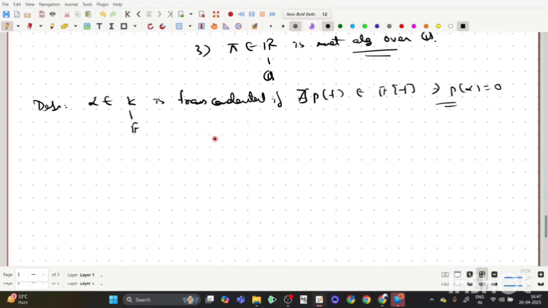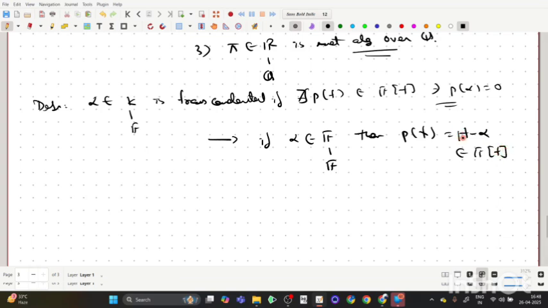Now, this is again a very trivial observation. If alpha is in F and I consider F as an extension of itself, because we know that every set is a subset of itself, so every field is a subfield of itself as well, trivially from the definition, a very tautological concept. Then observe that if I choose P(t) as t minus alpha, this is a well-defined polynomial over F[t], right?